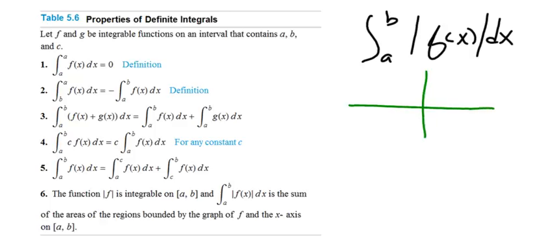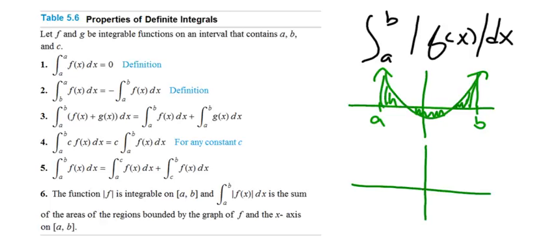If we want to evaluate the absolute area, that's going to give us a total area and not a net area. Because if we're given a function like this and we want to evaluate from here to here, you notice I'm going to have this area here, this area below, and this area above. But that would give me the net area. The total area is if I do the absolute value. So this would then change this function.